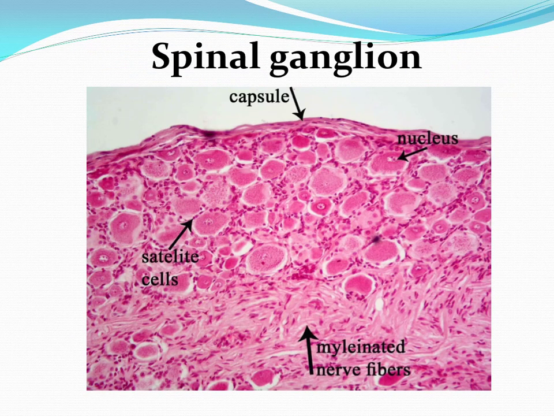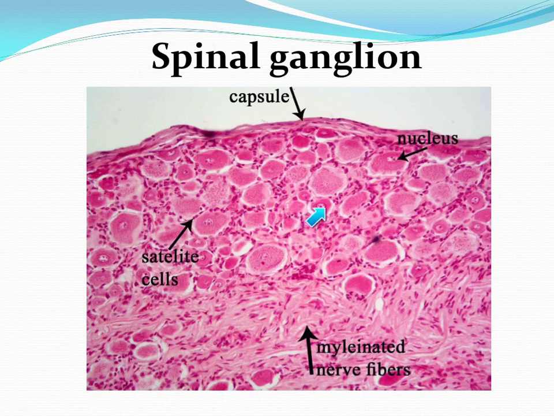This is a picture for the spinal ganglion, and here we have a covering connective tissue capsule. Actually, this capsule should be thicker than that of the sympathetic ganglion, and this should be taken in your consideration during drawing the ganglia. Here we have the nerve cells, and inside the cell you can see this pale structure with a dot inside.